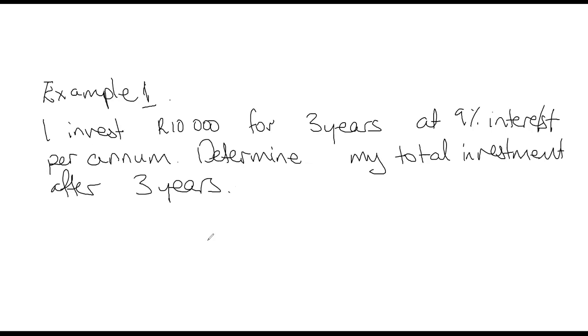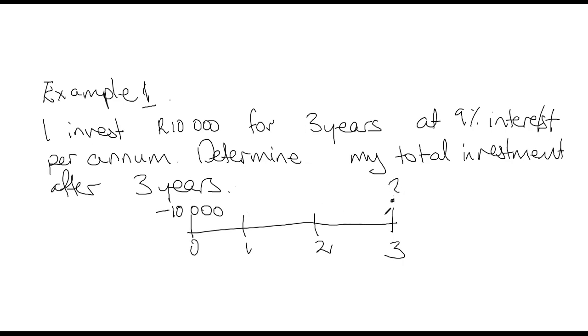Okay, so the key thing here is, as always, I advise you to draw a timeline just to understand what's happening. It's always helpful. At time 0, I invest 10,000 Rand. After 3 years, I'm going to get a certain amount that I want to determine, and the interest rate is 9%, right?